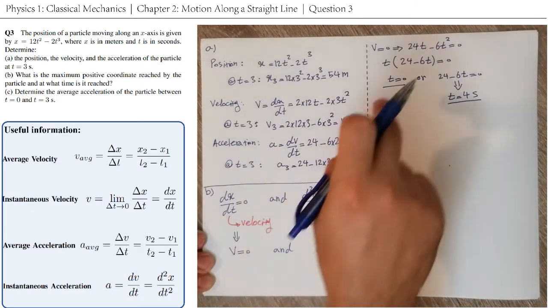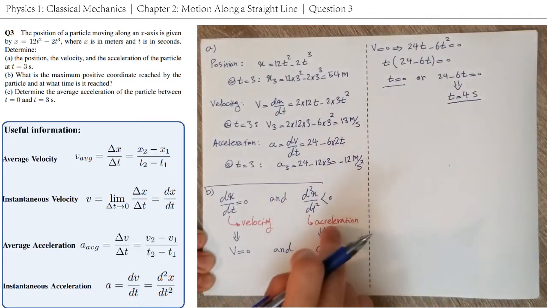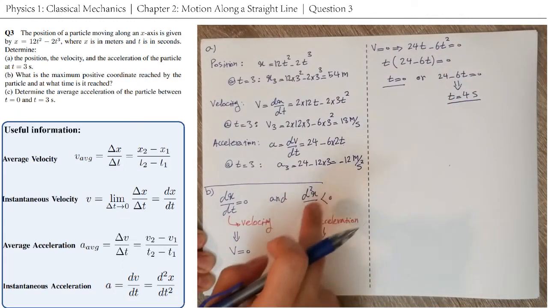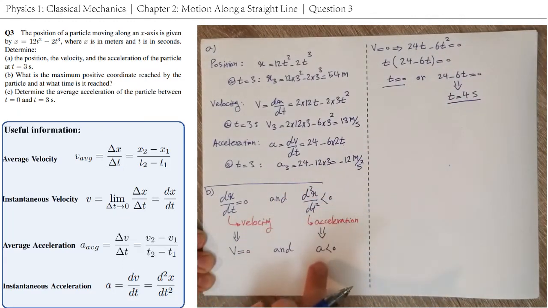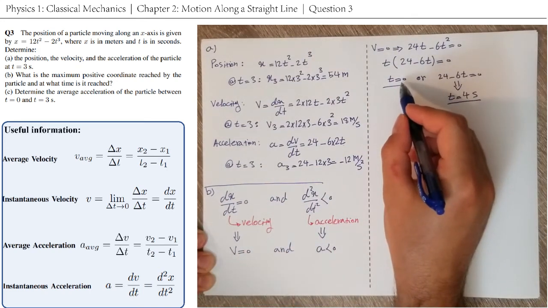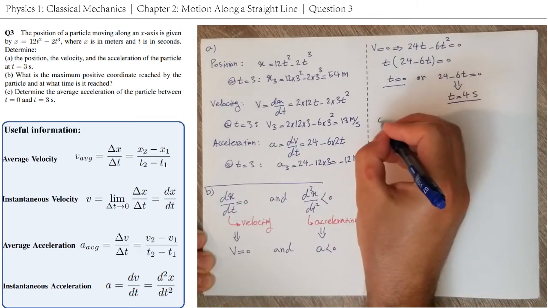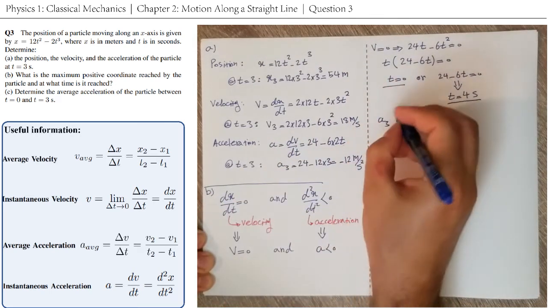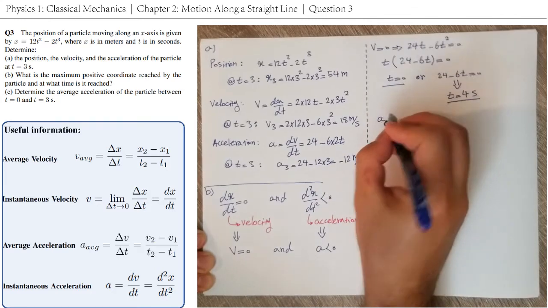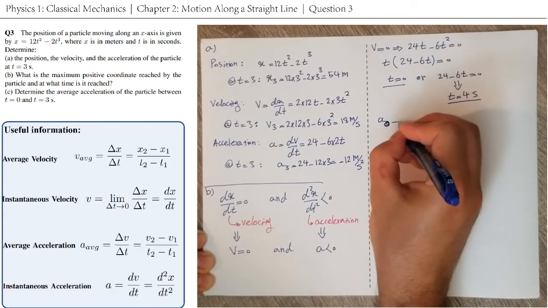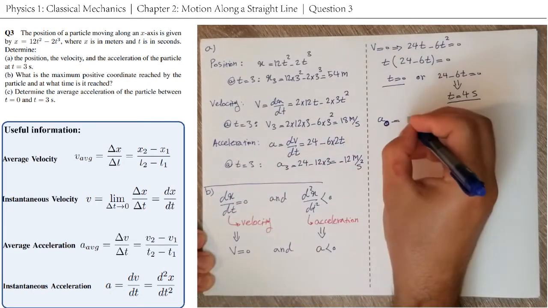Now we have to check if these points actually satisfy the second condition, which is that the second derivative has to be less than 0, or acceleration less than 0. So at t equals 0, we can obtain the acceleration a0. If I plug 0 here, I would get 24.